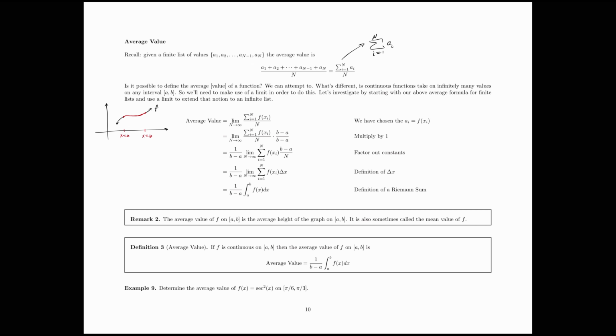Okay, so what we could do is our usual approach or technique in Calc 2, and in Calc 1 towards the end when we first started talking about integration: if you have that function from a to b, you can imagine splitting this up into lots of little pieces.